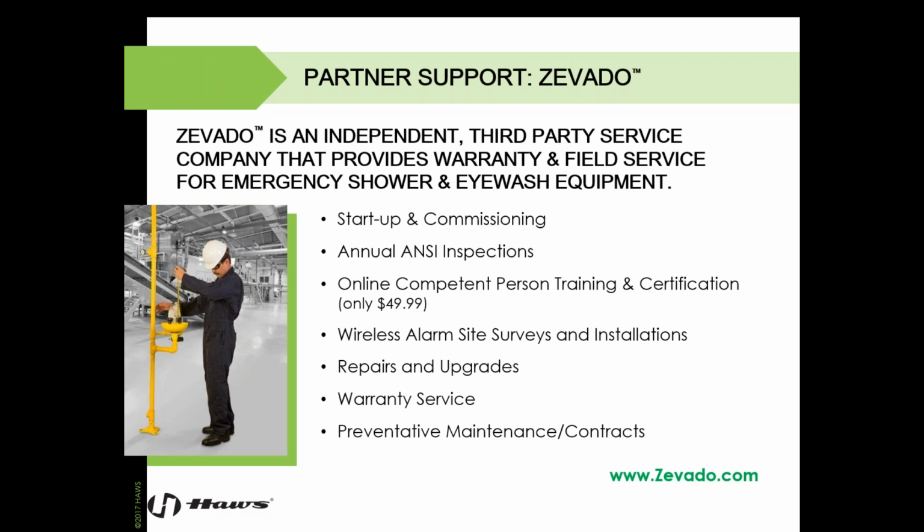That's $50 for the organization, regardless of how many associates are trained. They can also work on the alarms, installations, repairs and upgrades, and it's not a Haas service, so they are able to take a look at any manufacturer you have on site. They also will provide an annual warranty service, and they will do preventative maintenance as well as annual contracts.